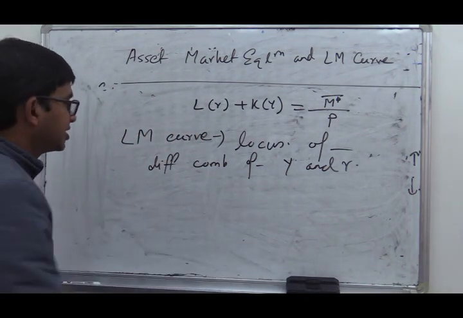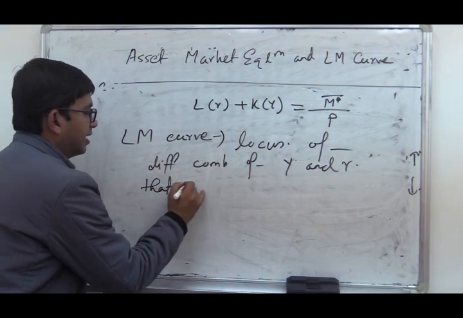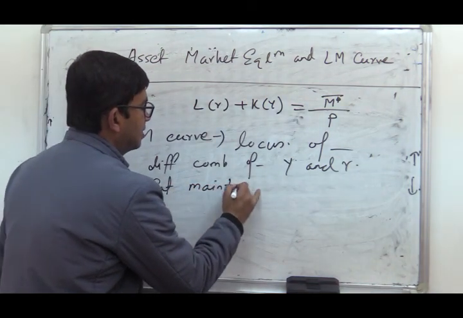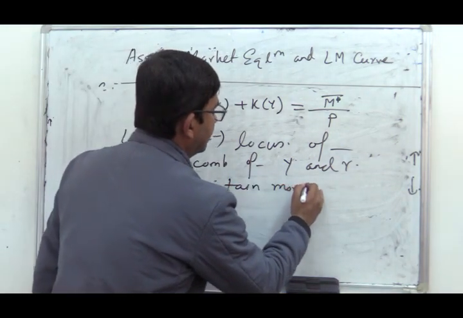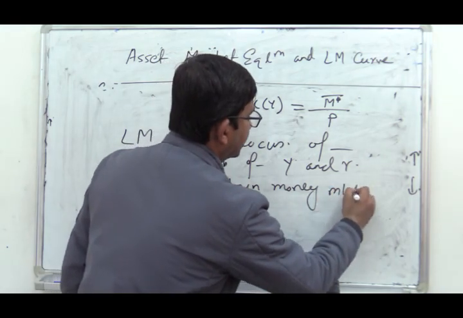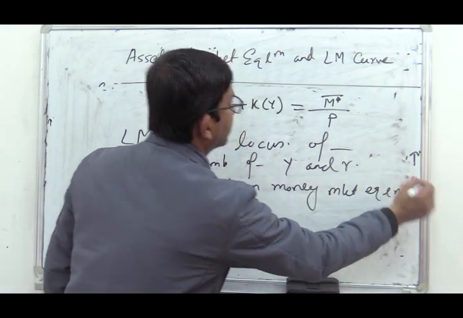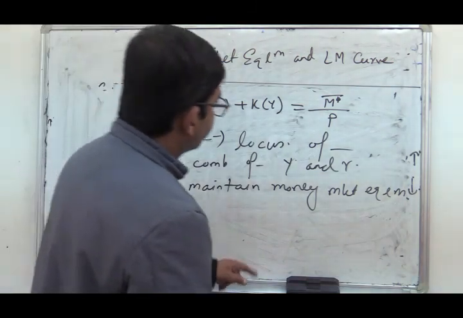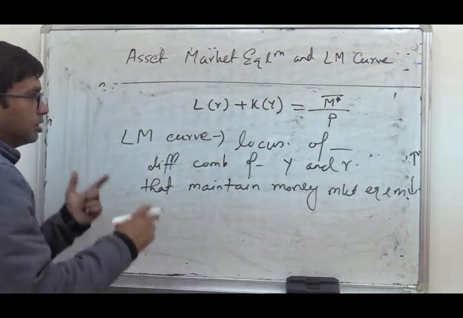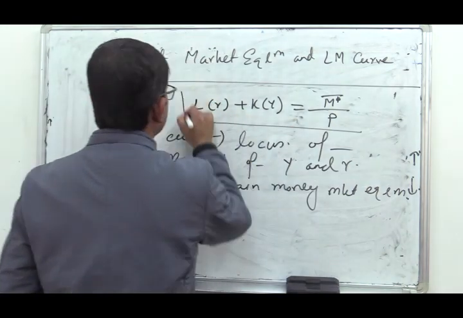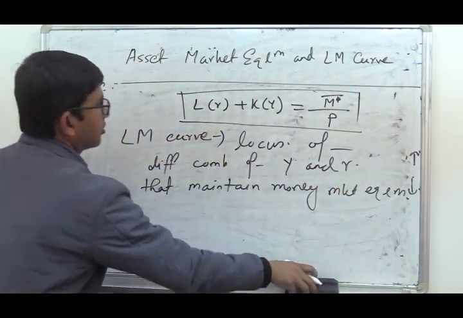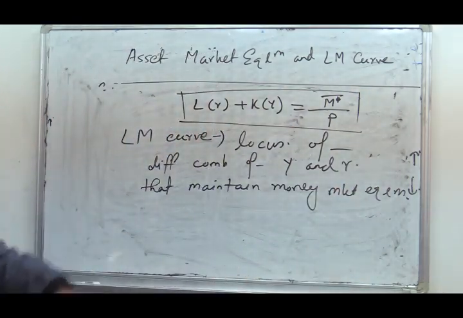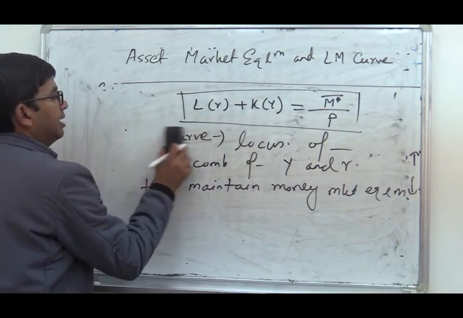What type of combinations? That maintain money market equilibrium. So this equation gives us the money market equilibrium, and from there we will get the LM curve.